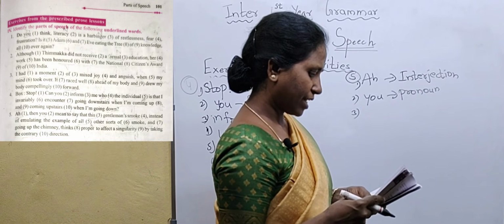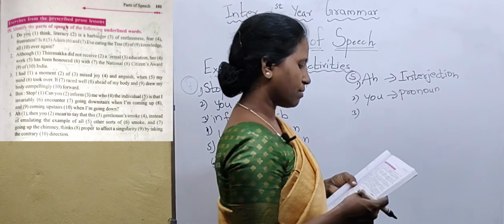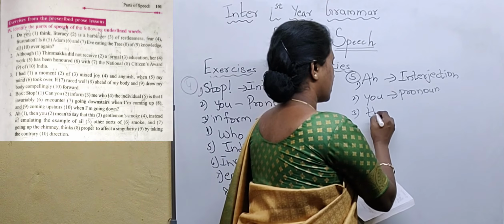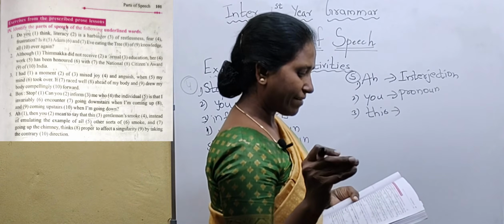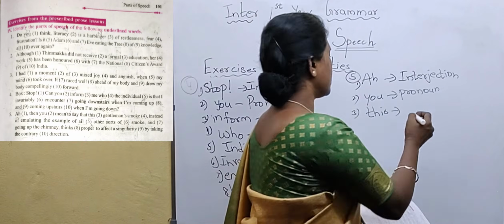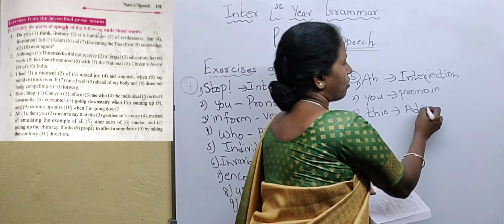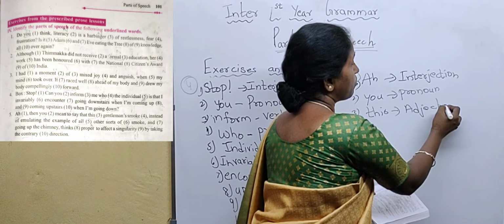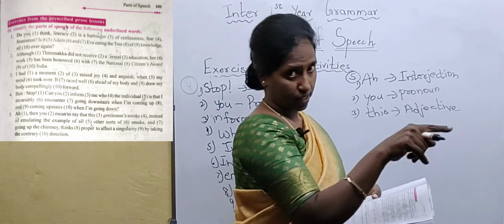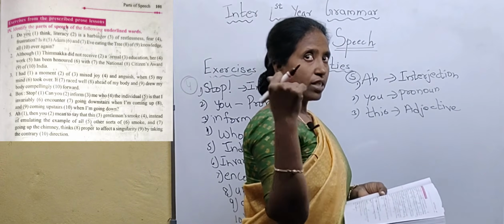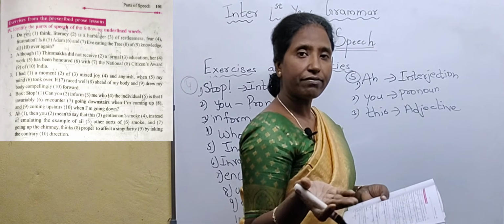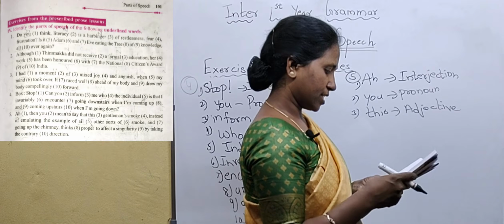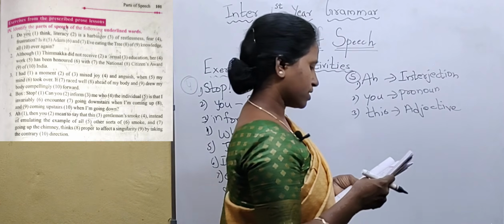Then you mean to say that this gentleman, this gentleman, immediately after this you have the noun gentleman. So this is an adjective. You call it a demonstrative adjective. This gentleman, that door, this window, immediately after this or that, if you have the noun, it is an adjective. This gentleman's smoke.